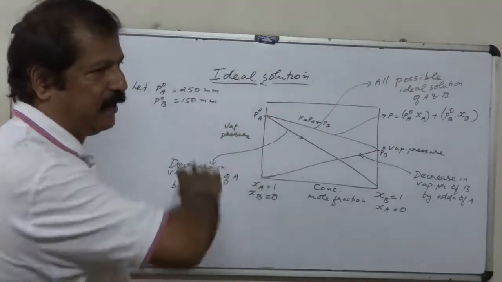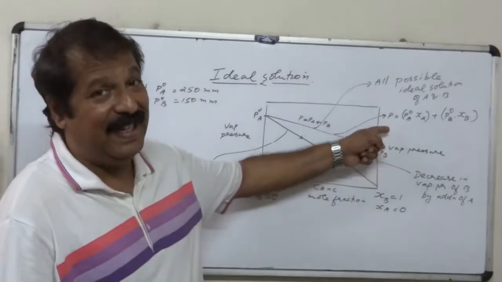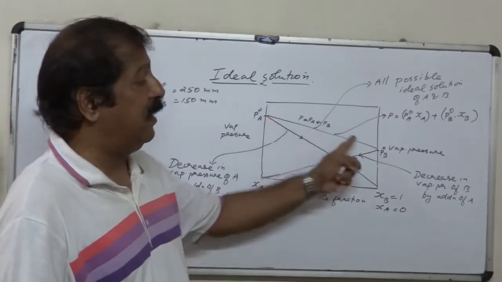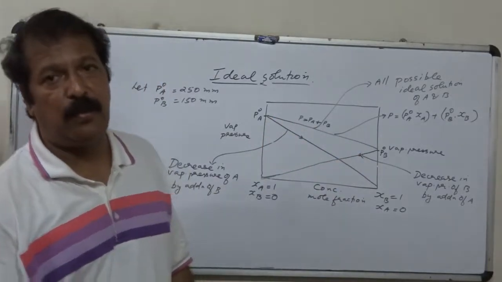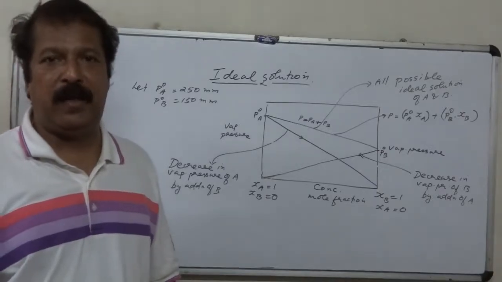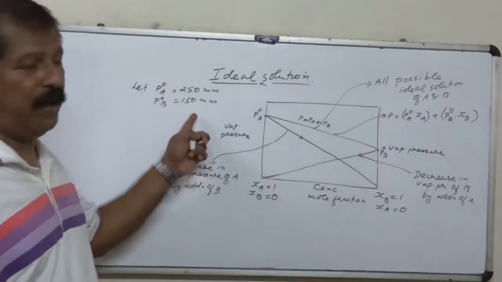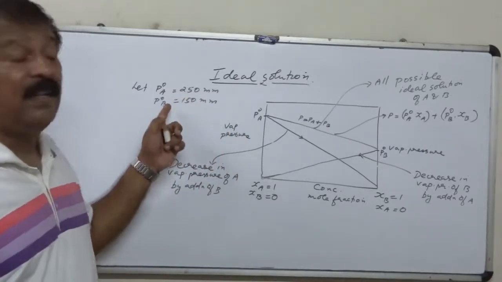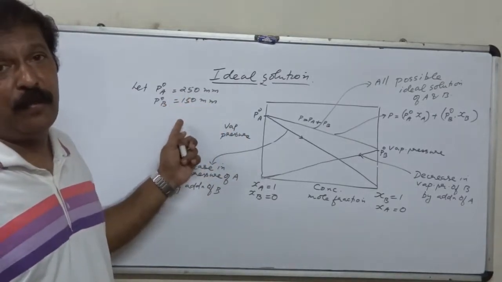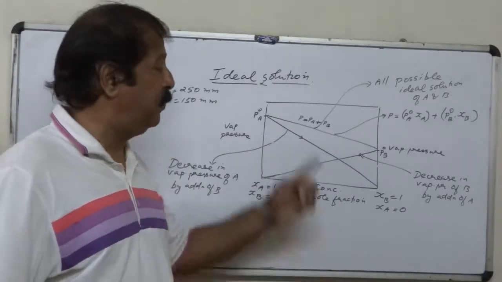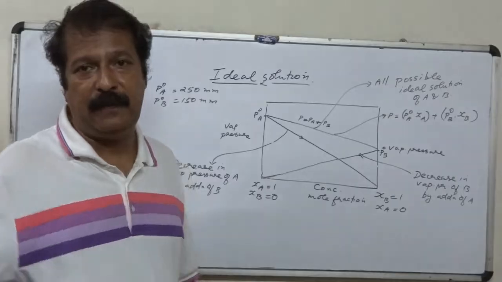It should not be greater than 250 or lesser than 150. All possible ideal solutions have a vapor pressure in between 250 and 150 mm of mercury, because we have taken P0A as 250 and P0B as 150.